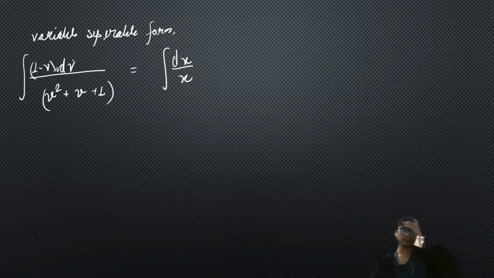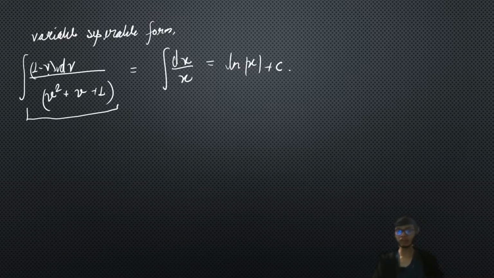If we look at this particular part, the right hand side is going to be natural log of x plus c. But this part is a little bit tricky. We have to simplify the denominator and the numerator in terms of differentiation, so that we can solve this integration just by using substitution. So what will I do?